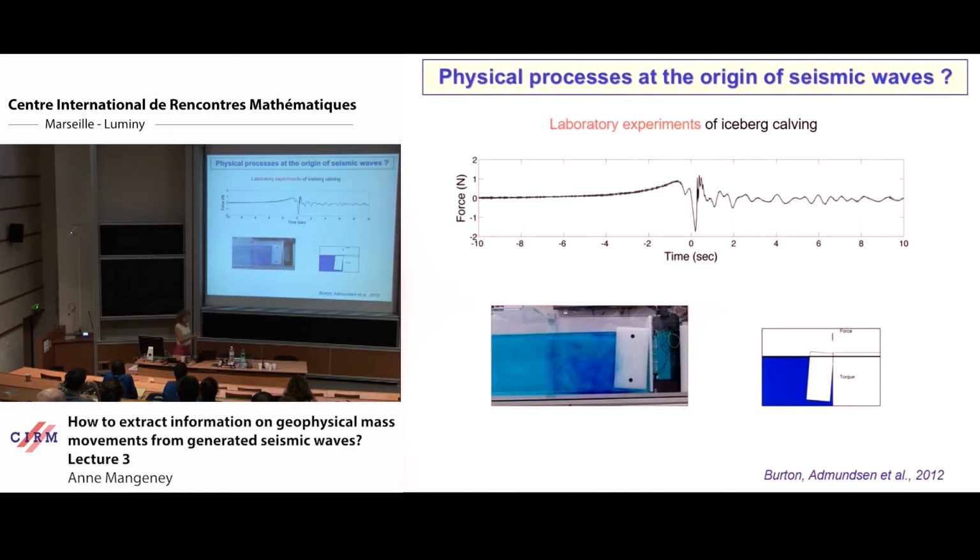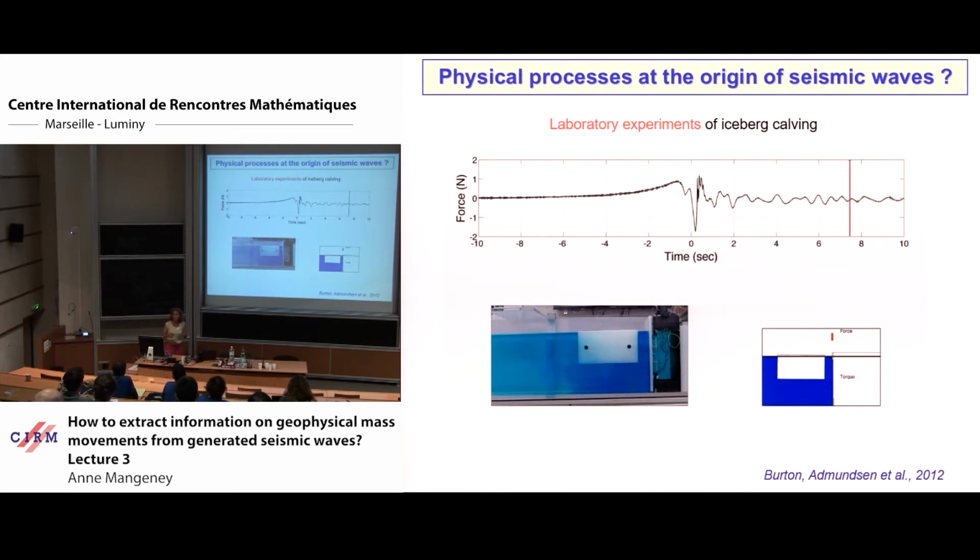Okay, so to be sure that this model is not completely invalid, I would say, we can compare with laboratory experiments. I show you some experiments, but there are also experiments without a wall here. So you see the iceberg rotating. You see the force that increases and then decreases, goes to zero, and then you see this bump which is related to the second impact.